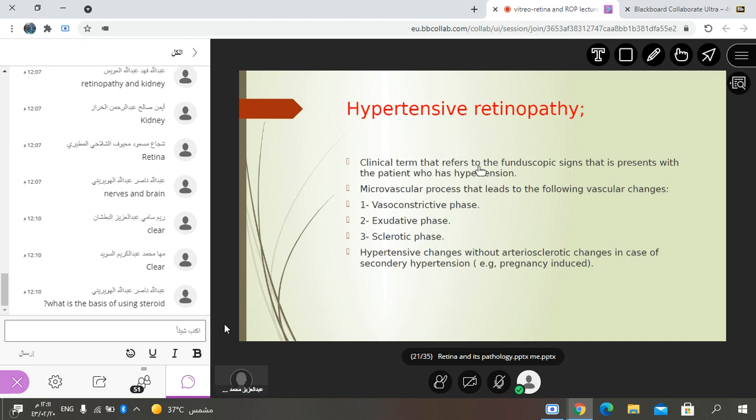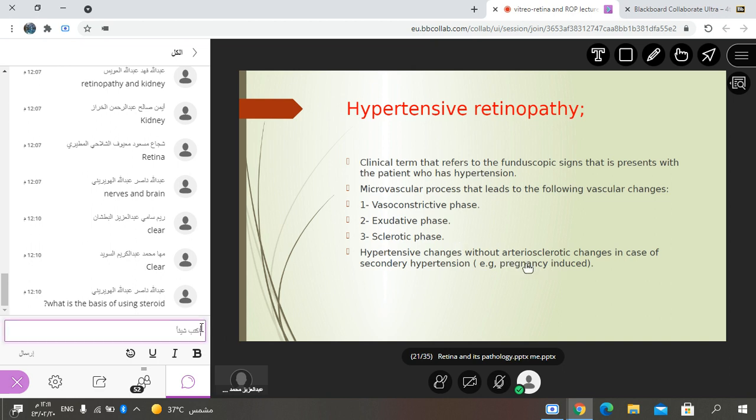It's a clinical term that refers to the fundoscopic signs that are present in the patient who has hypertension. It is a microvascular process that leads to the following vascular changes: vasoconstrictive phase, exudative phase, and then the sclerotic phase. Hypertensive changes without arteriolosclerotic changes occur in the case of secondary hypertension, most commonly pregnancy induced, which is called what?